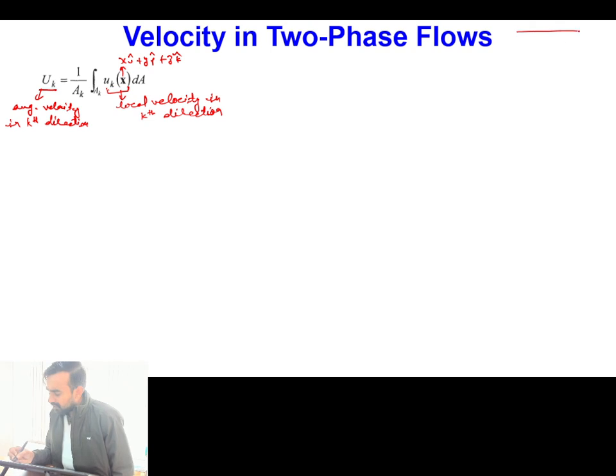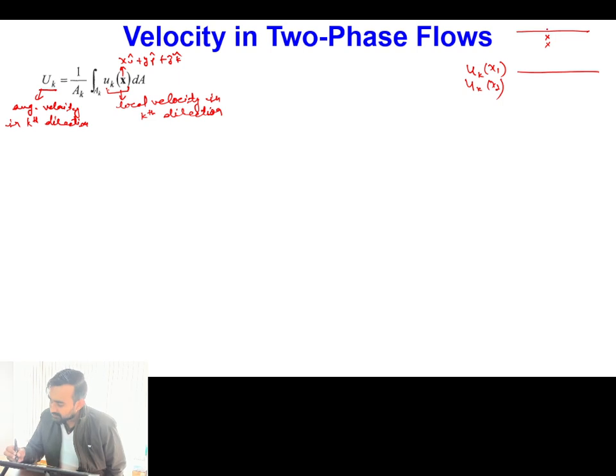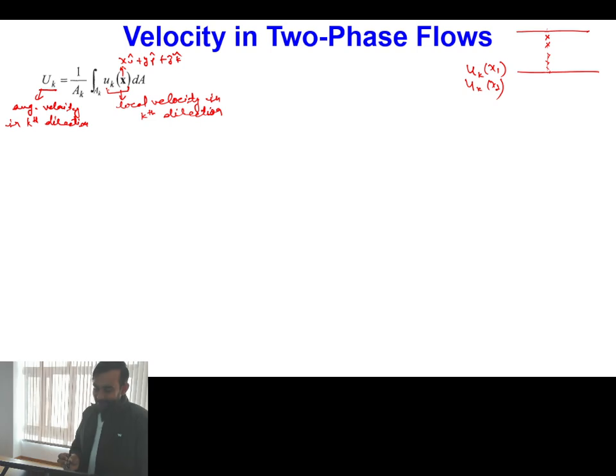For example, in a single pipe case, if a pitot tube is placed at this location, then I obtain the value in the kth direction at some position x1. When I keep the pitot tube at this location, I measure u_k at some position x2. Likewise, once I have data for different positions, I can do area averaging of that data and calculate the average value of the velocity.